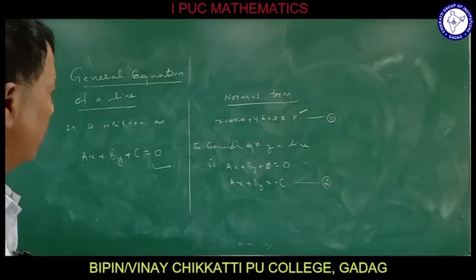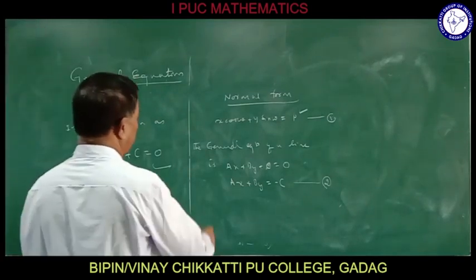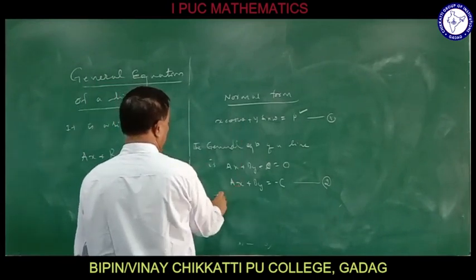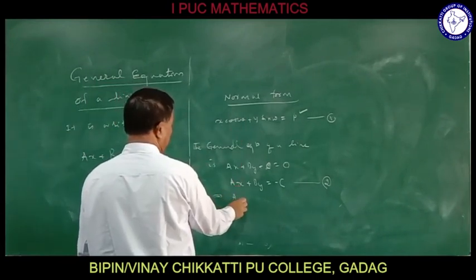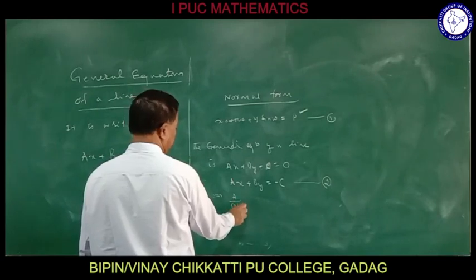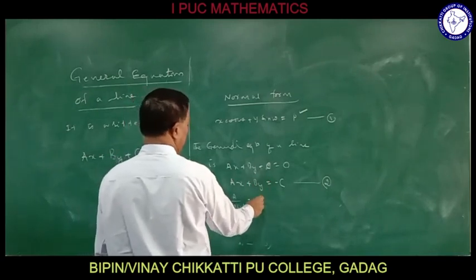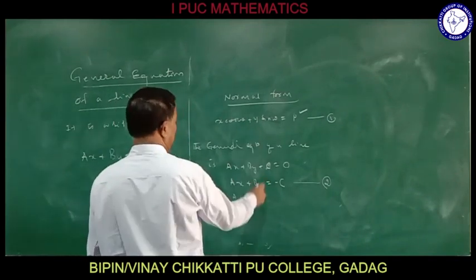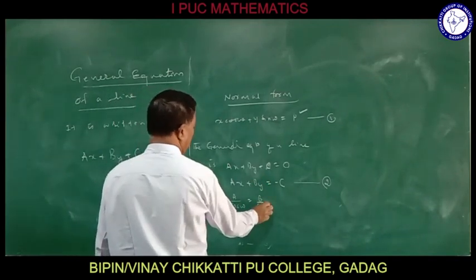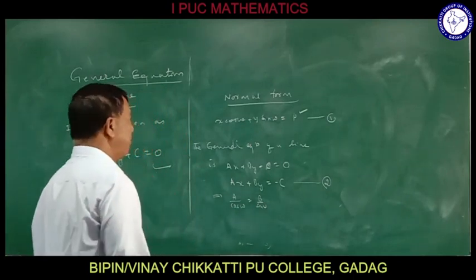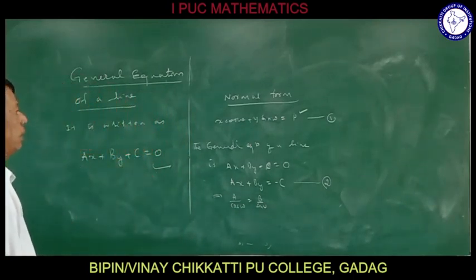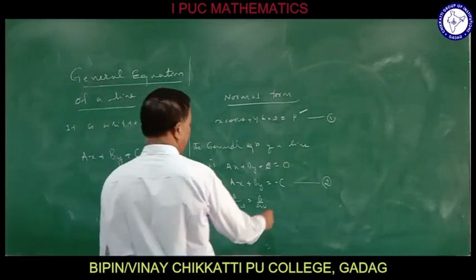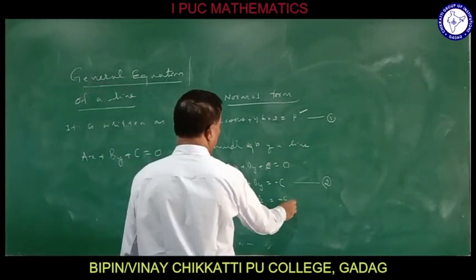Here x is there, the coefficient is cos omega, so a by cos omega equals b by sin omega, and here minus c by p.